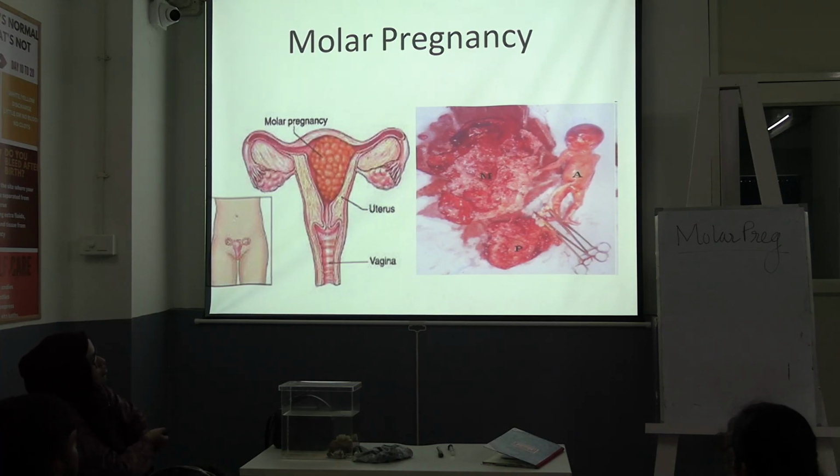This is partial mole, meaning partial molar tissue is there over here, and here some normal tissue, fetus and placenta, normal part is there. This is partial mole, and this, where the whole of the uterus is filled with fluid filled vesicles, is complete mole.